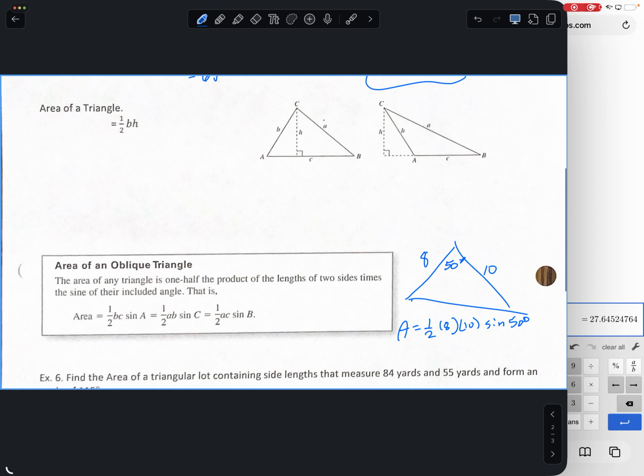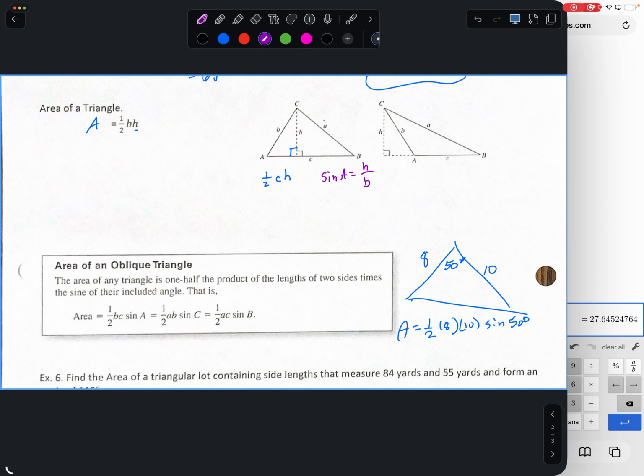And where does that come from? Well, it comes from this area formula, but this is where the height is an altitude. For instance, right here, we would say that the area is 1/2 c times h, because the base is c and the height is h. But we can use the fact that this is a right triangle and that the sine of angle A is h over b, because sine is opposite over hypotenuse, so I can use SOHCAHTOA.